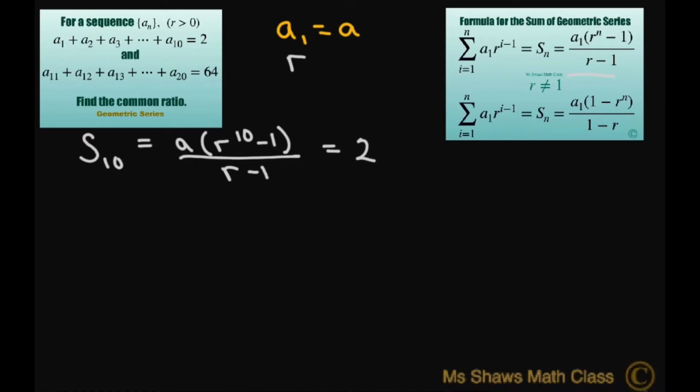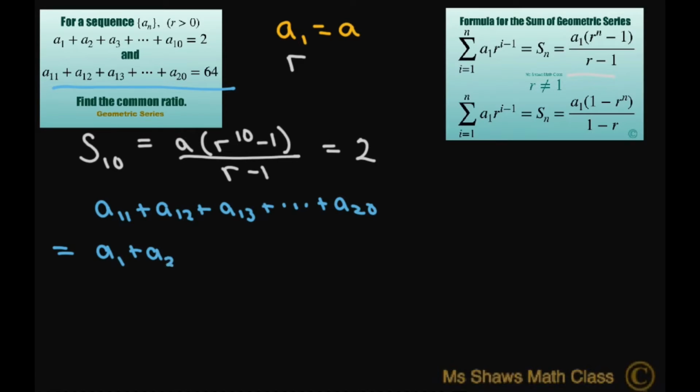Now, let's look at this second one here. The second sequence, we have a sub 11 plus a sub 12 plus a sub 13 plus dot dot dot plus a sub 20. Well, this actually equals our first sequence: a sub 1 plus a sub 2 plus a sub 3 plus dot dot dot plus a sub 20, right?